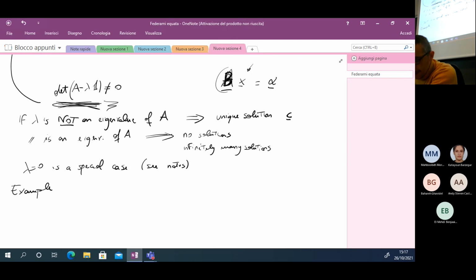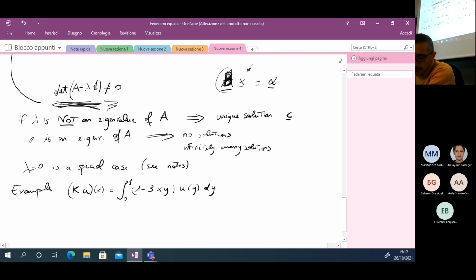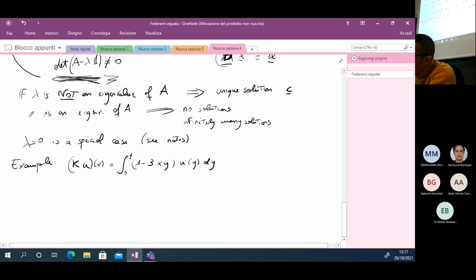Let me consider the operator K, which when acting on the function u gives me the integral between 0 and 1 of 1 minus 3xy times u of y dy.